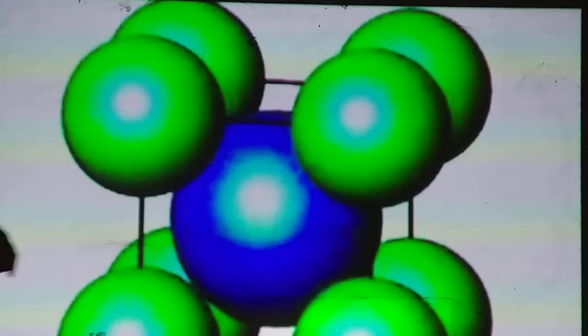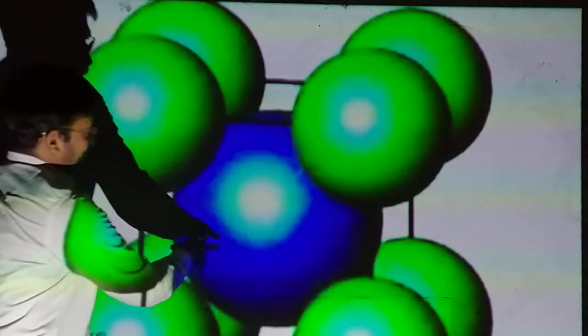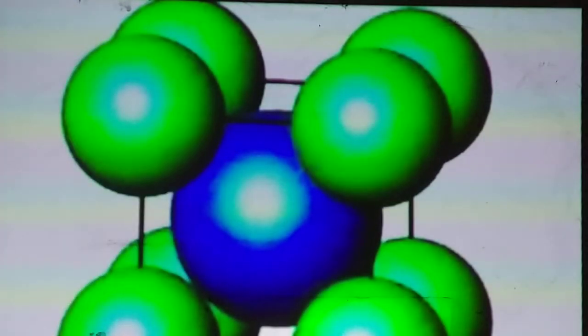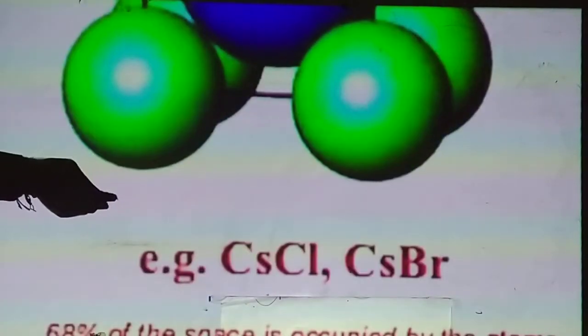You can see 4 green colored atoms are on the corner of the cube and a blue colored atom is in the center of the cube. So this pattern design structure is called BCC.